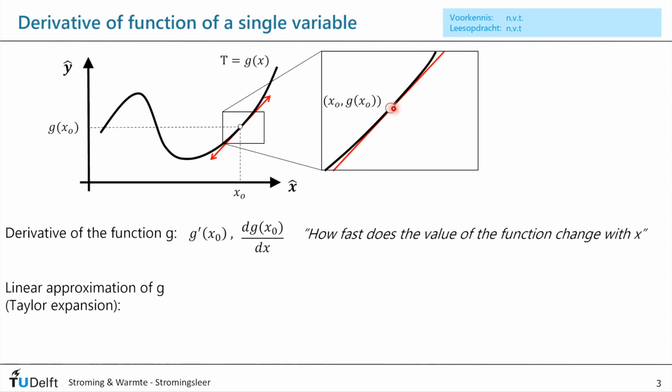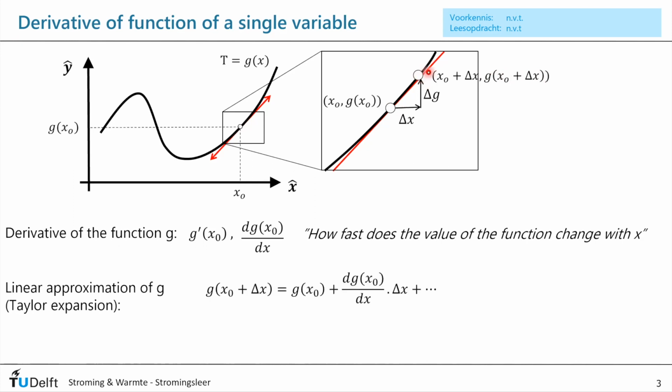So let's say, for example, I know the value of my function at x naught. What is the value of my function if I move a delta x along the x-axis? Now I know that the value of my function is g at x naught plus delta x, but really this value is almost the same as if we approximate it by the point which is on the red line.